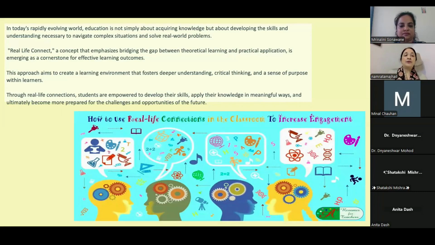So this approach aims to create a learning environment that fosters deep understanding and critical thinking. So you are not then looking at the Olympic Games as, okay, how many medals India has won, right? And where we are in terms of tally, or always talking about, oh, they could have done better, they should not have done this. But do we really critically think about how those 100 grams of weight one of our players had could really have been reduced by using some of your knowledge from biology, right?